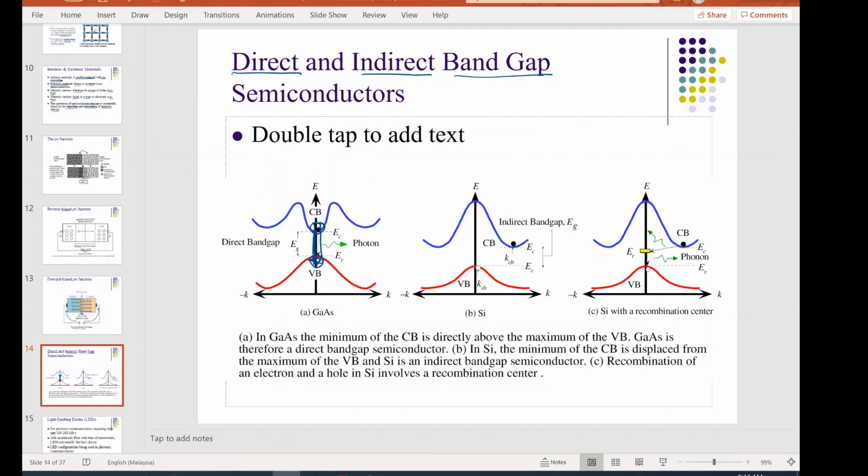For example, a direct bandgap semiconductor is gallium arsenide. However, for an indirect bandgap semiconductor, the minimum of the conduction band does not coincide with the maximum of the valence band, and therefore we don't have a direct transition in this case. A simple example of an indirect bandgap semiconductor is silicon.